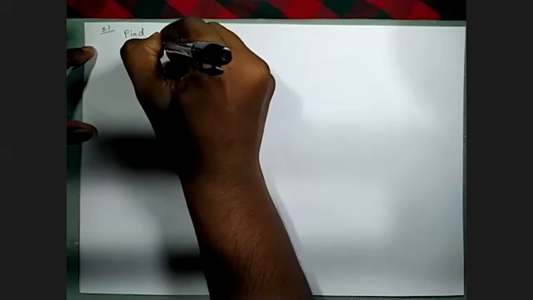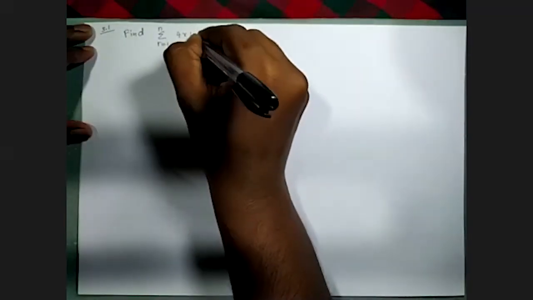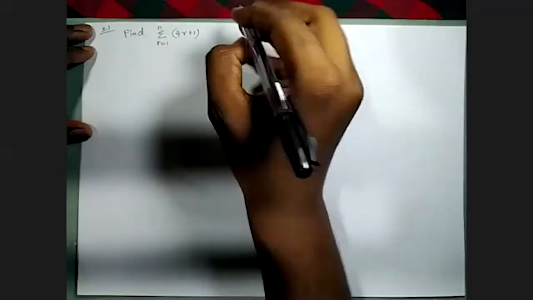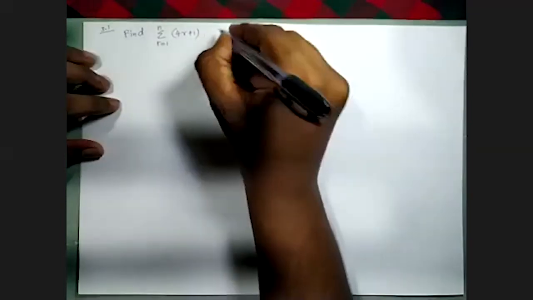Okay, the question is, find sigma r equals 1 to n of 4r plus 1. This is the general term. Can you see? 4r plus 1. Find this.